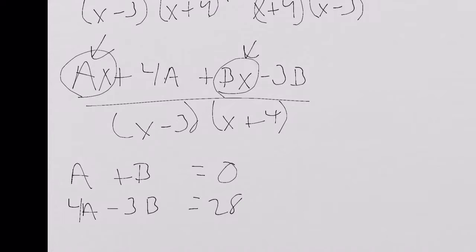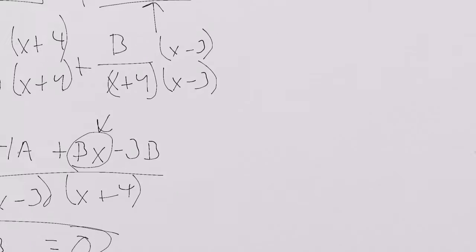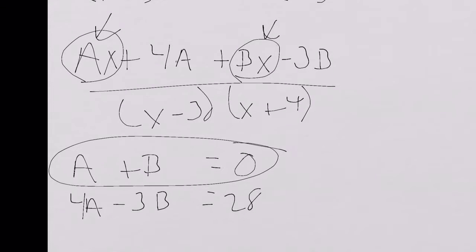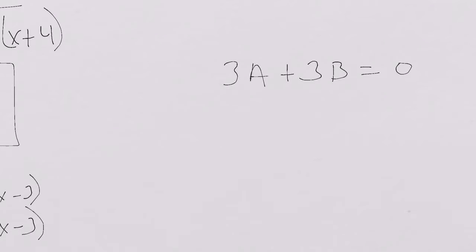You can solve them graphically, you can solve them by substitution, you can solve them by elimination. I'm going to do this one by elimination real quick, and I'd probably multiply the top one by a positive 3. So that would give me 3a plus 3b equals, and 0 times 3 is 0. On the bottom I had 4a minus 3b equals 28.